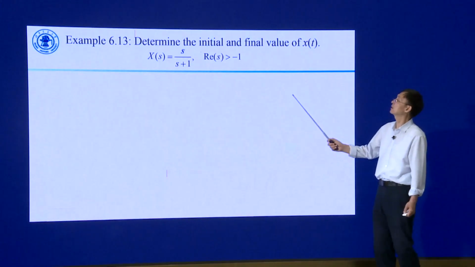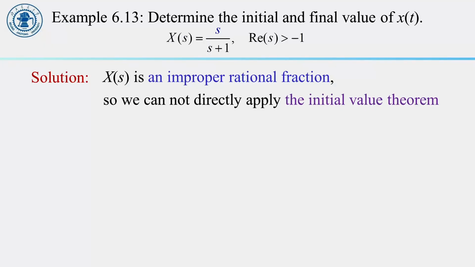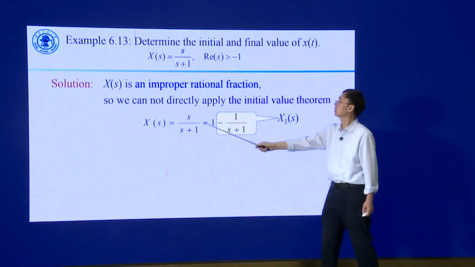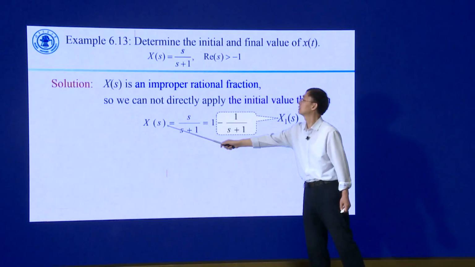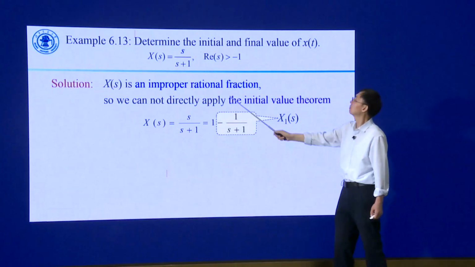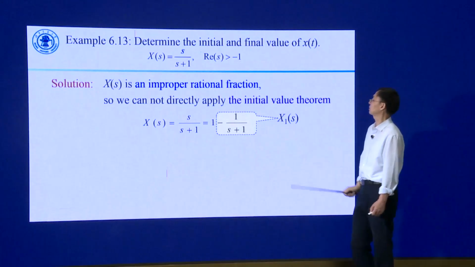Here is another example. X(s) is an improper rational fraction, so we cannot directly apply the initial value theorem. First, we convert this function into a proper rational fraction.